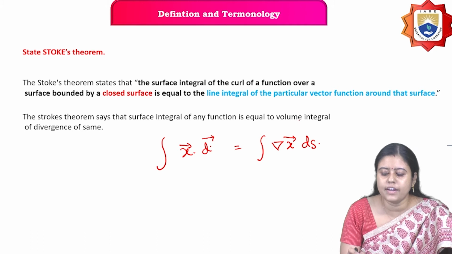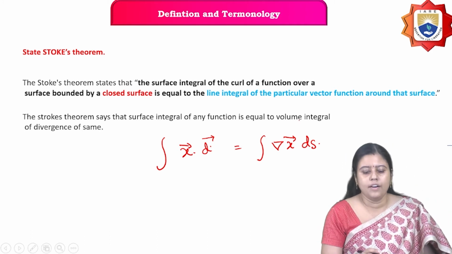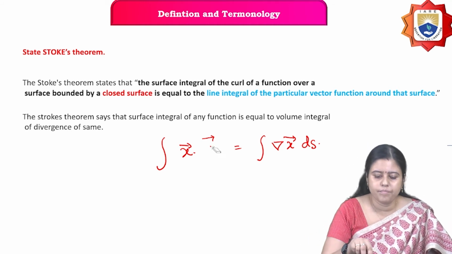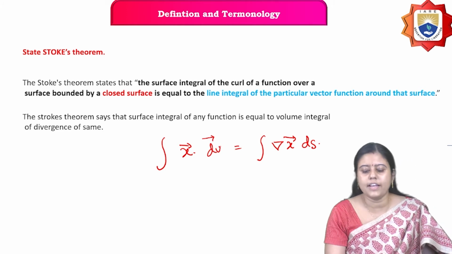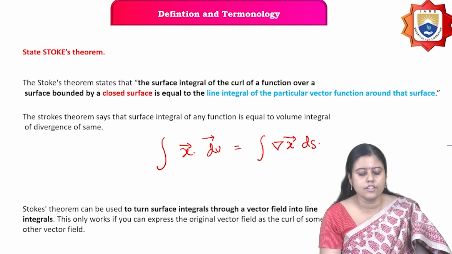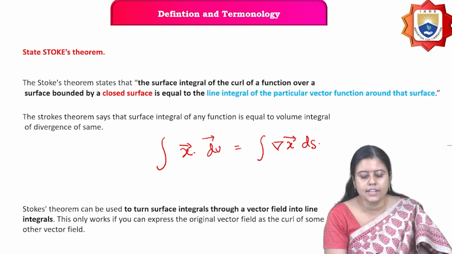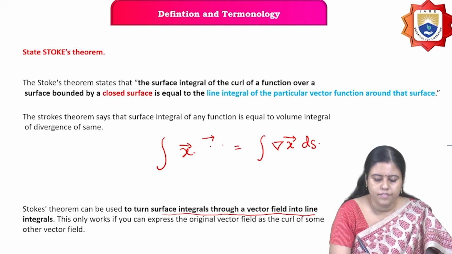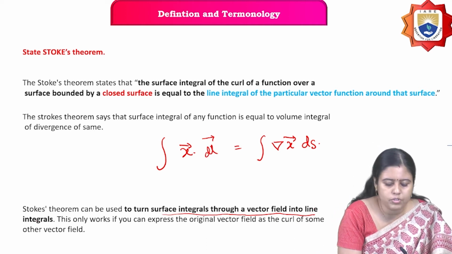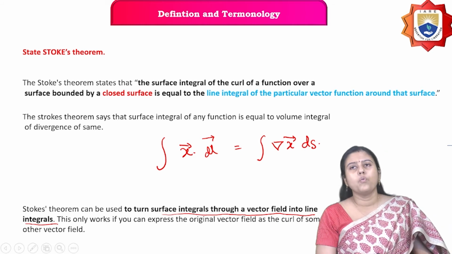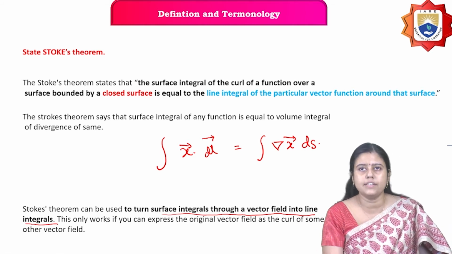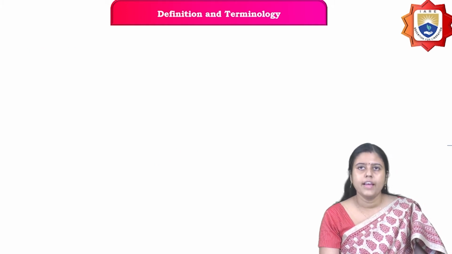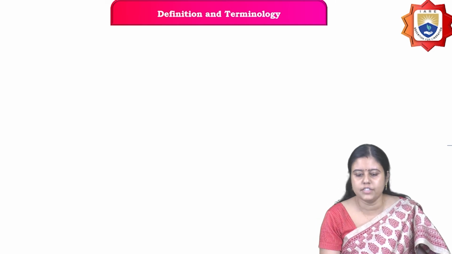So a volume integral can be changed into a surface integral. Stokes theorem can be used to turn the surface integral through a vector field into the line integral. Again, similarly, we can change the line integral to surface integral or surface integral to the volume integral.